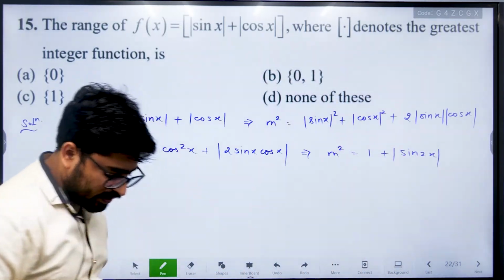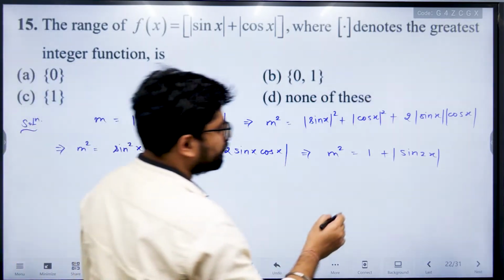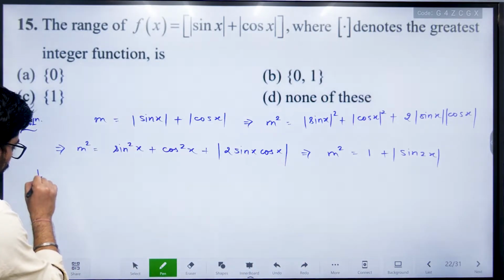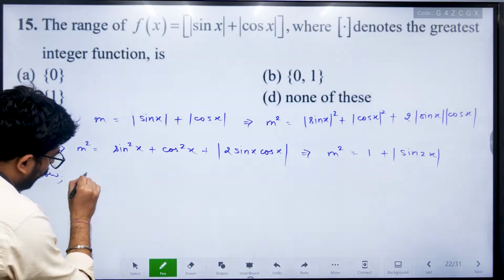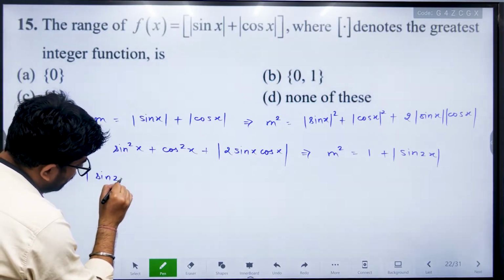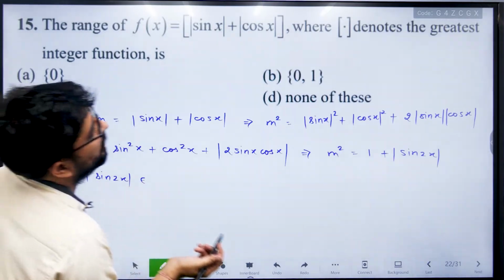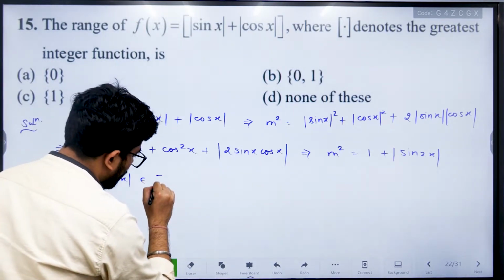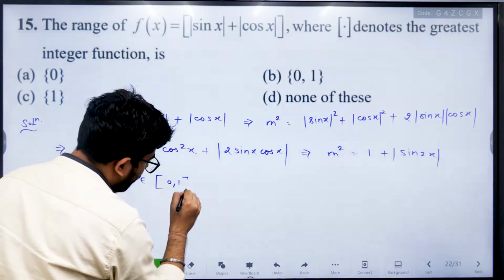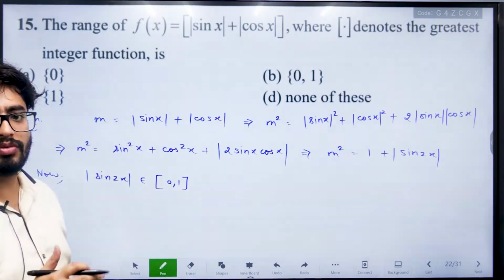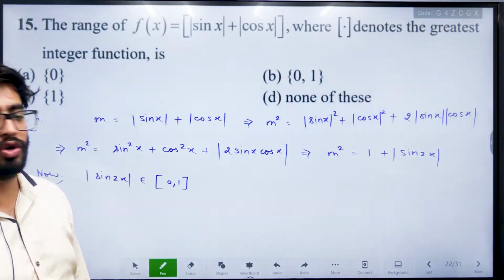And we know that mod of sin 2x belongs to 0 to 1. Yes, because sine belongs to minus 1 to 1, so the modulus value belongs to 0 to 1.